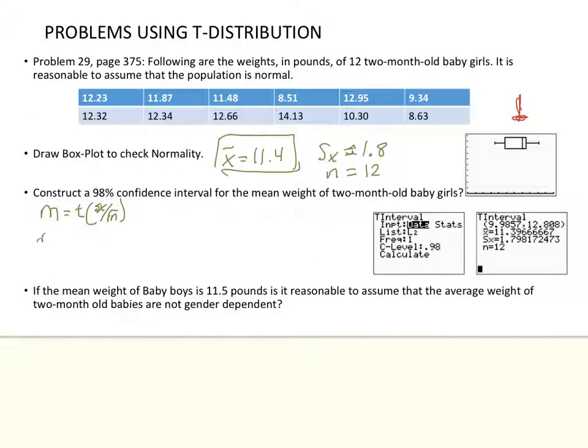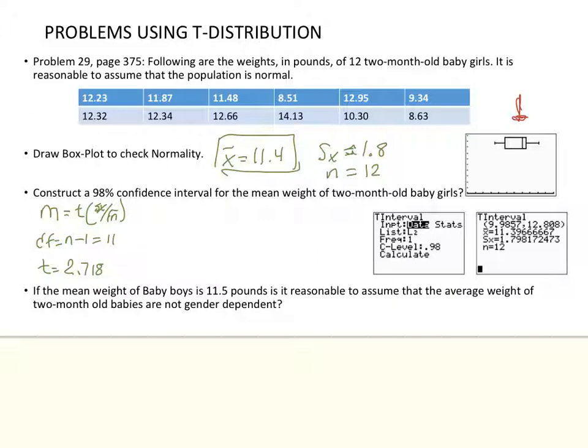So our degrees of freedom in this case is n minus 1, which is equal to 11. And so now we go to table A3, and at the bottom we see 98%, and we go up that column until we hit 11, and we see that the t-value that we're going to use is equal to 2.718. So that's the t-value we're going to use for our confidence interval.